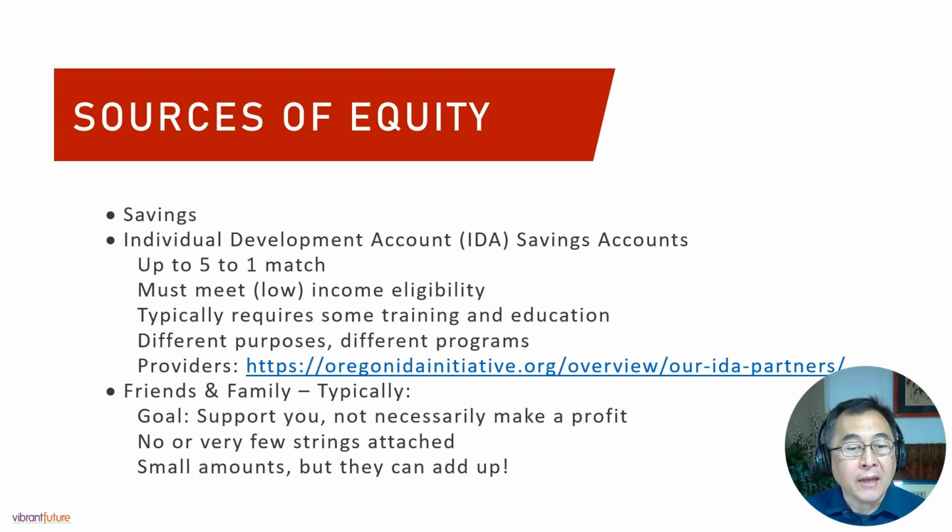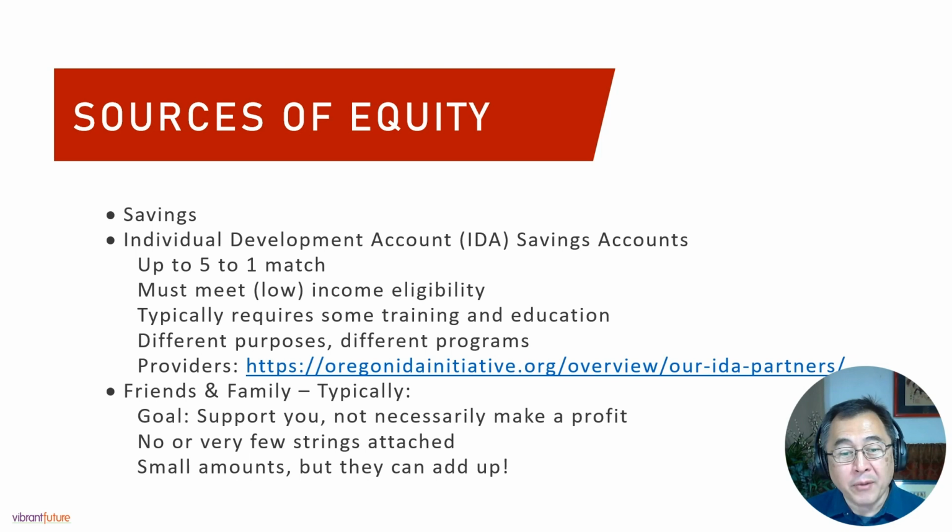There are different purposes and different programs out there. Here in Oregon, if you click on the link shown in the video, it'll talk about all the current IDA providers, and you can connect with them and find out if they're a good match for your needs and your situation.